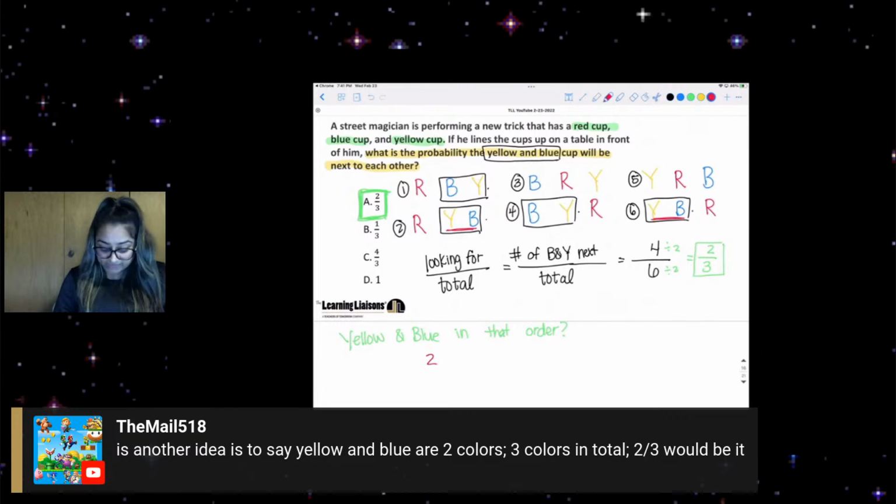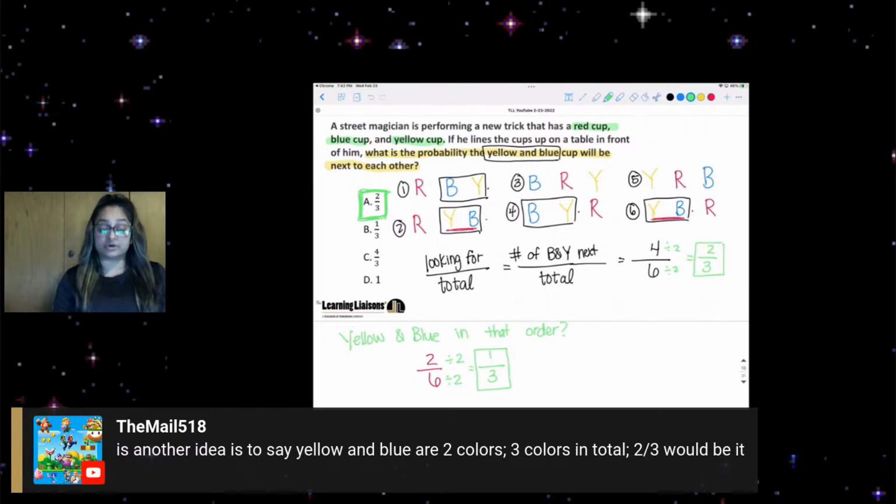So now we have 2 over 6. It is still reducible by 2 in the numerator and the denominator to give us 1/3. So it matters what the question says. You don't want to just fly through the problems and think that you understand it without really understanding the whole question, right?